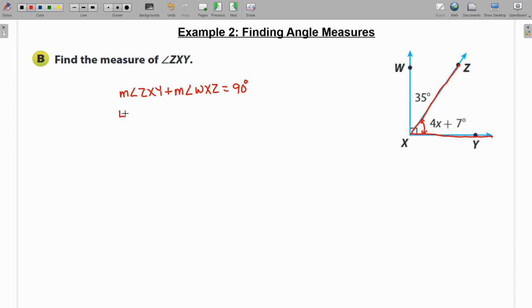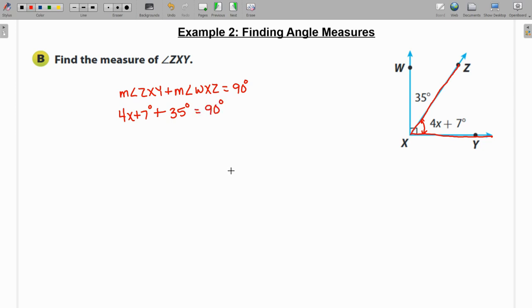So I'm going to replace this measure ZXY with 4x plus 7 degrees. We're also told in our diagram that WXZ is a 35-degree angle, so I'm going to replace that measure of WXZ with 35 degrees, and that should be equal to 90 degrees.